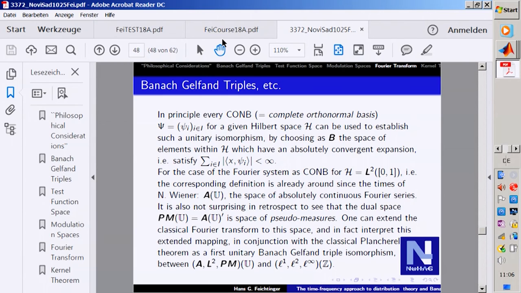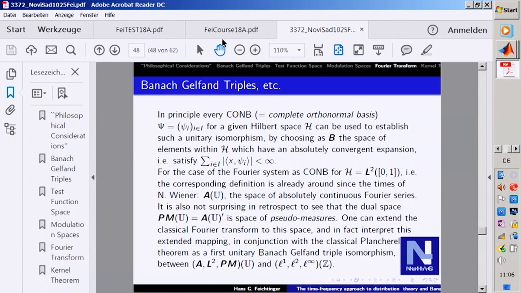Now we have seen that there were a lot of Banach-Gelfand triples already in the literature, and I would like to point out that one very classical Banach-Gelfand triple already occurs in classical Fourier analysis, and again Wiener comes into the game.